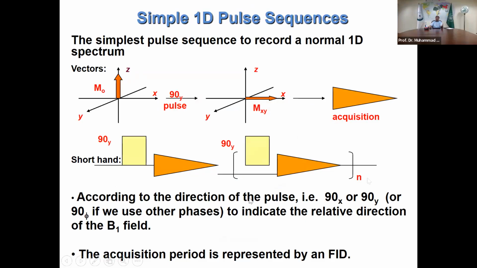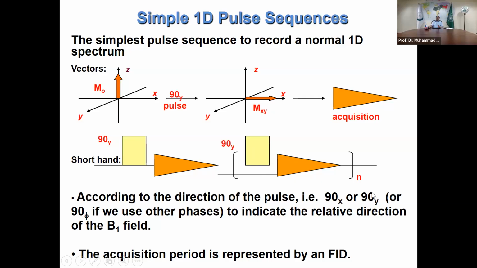Multiple experiments are explained in this way: preparation, you give a pulse represented by this particular rectangle, you record the FID. But you can also have several pulses.